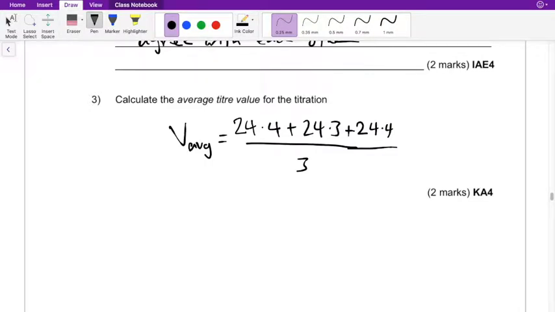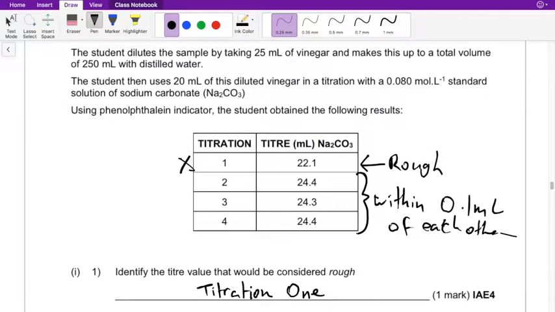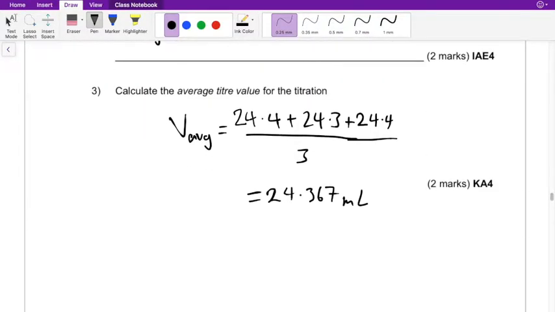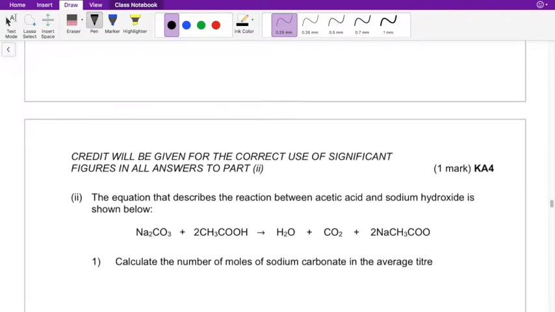We're not going to use it. So putting that into a calculator, it gives us an answer of 24.367 milliliters. Very important to remember your units. They're in milliliters here. So obviously it's going to be in milliliters here. You could convert it into liters if you wanted to, but if it doesn't ask you to, just leave it in milliliters, keep it simple.